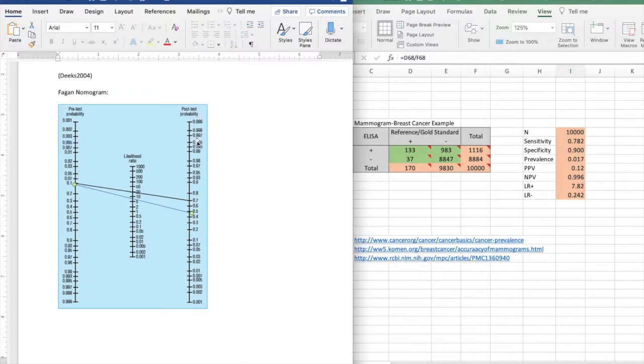Our post-test probability of 0.5 from that last test now becomes our prior, because I'm going in for a third. 0.5 now is my pre-test probability. I have a positive likelihood ratio of 7. Where does that put me? Oh, now that puts me up closer to 0.88 or 88%, almost close to 90% post-test probability.